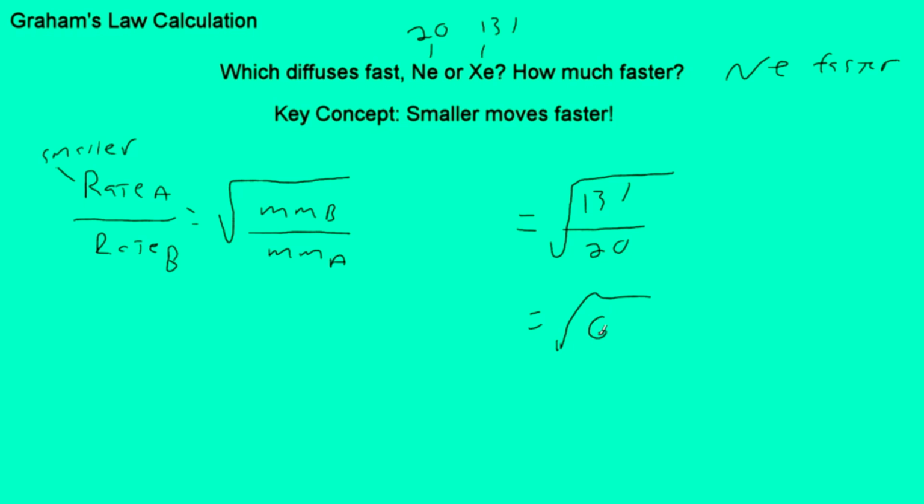You're going to get 6.55. And then do the square root of 6.55, which comes out to 2.56. So this says neon is faster by 2.56 times. It's 2.5 times faster than xenon. Big difference. Much faster.